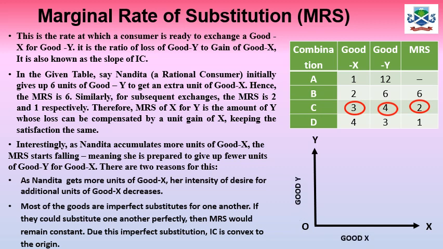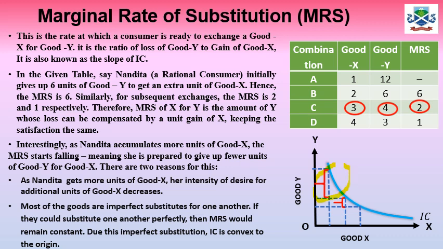And over here we show it in a curve. You will find this good X and good Y combination, and every time it is decreasing. Look at the curly brackets depicted over here. The first difference is higher.